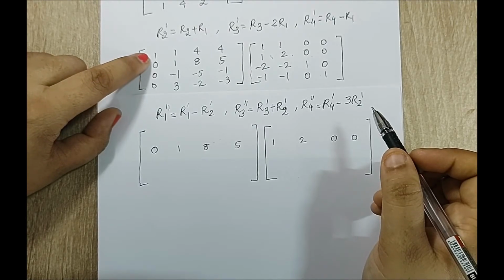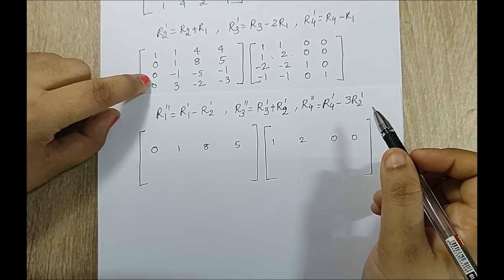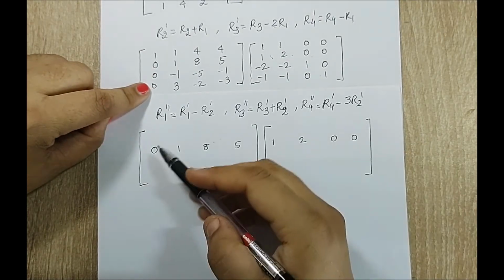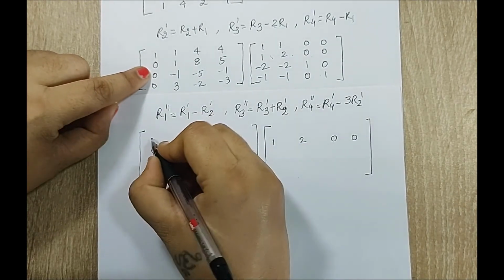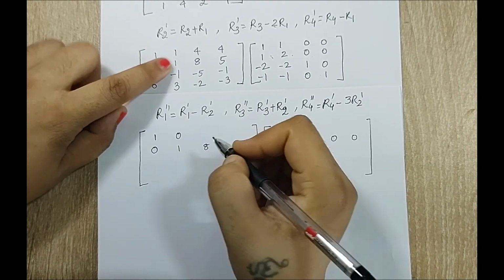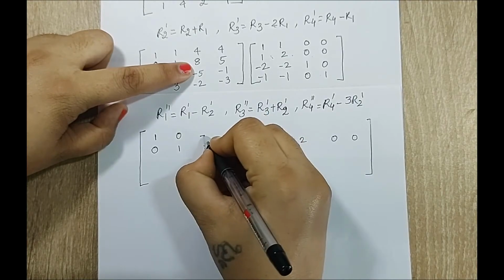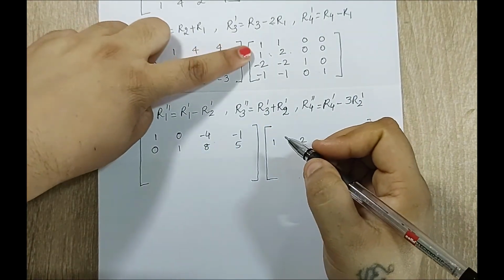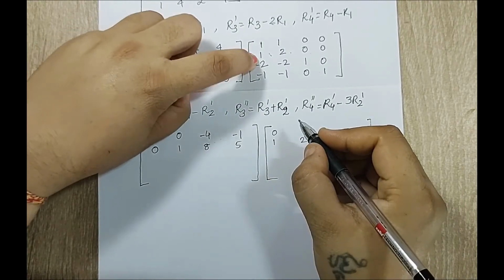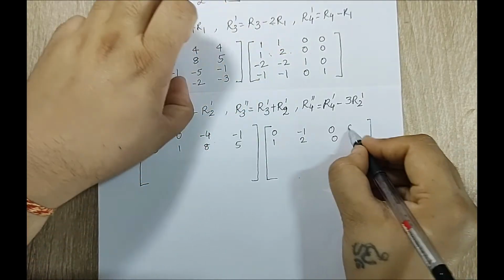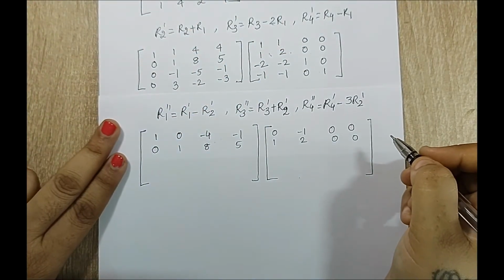You will observe that this column will not change, as 1, 0, 0, 0. This will remain the same. Now look at the operations. 1 minus 0 is what I am doing. It will still remain 1. This is 1 minus 1, 0. This will be 4 minus 8, minus 4, and 4 minus 5, minus 1. Next 1 minus 1, 0. 1 minus 2, minus 1, 0 minus 0 and 0 minus 0. So this is how I get the first row.